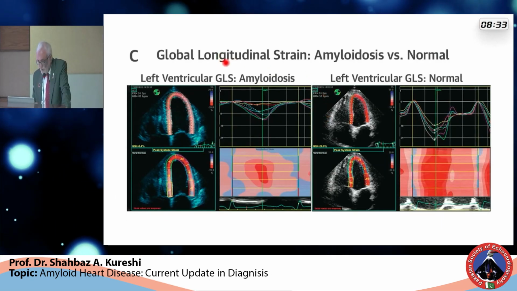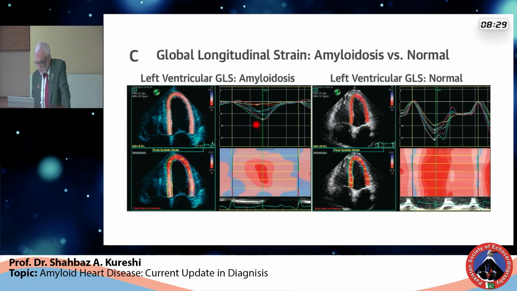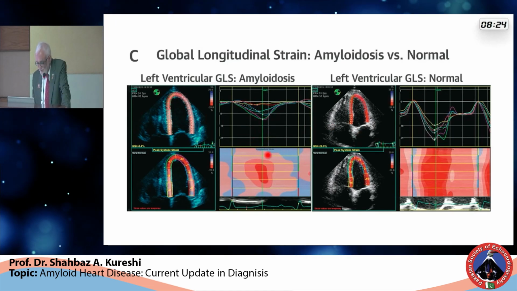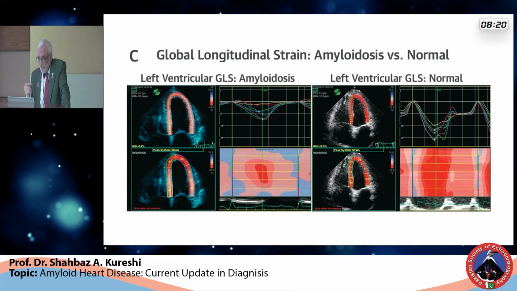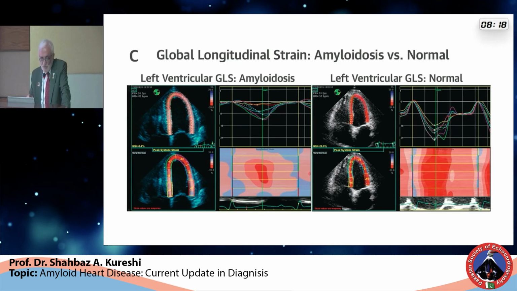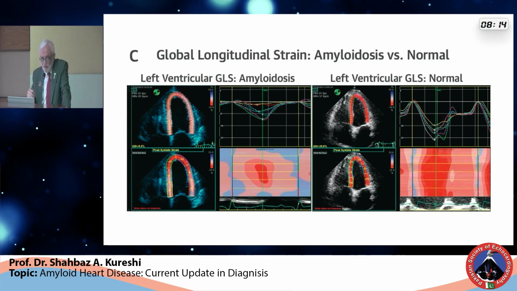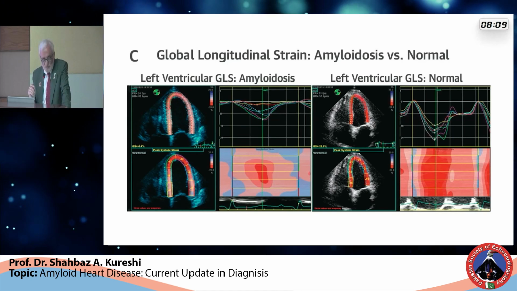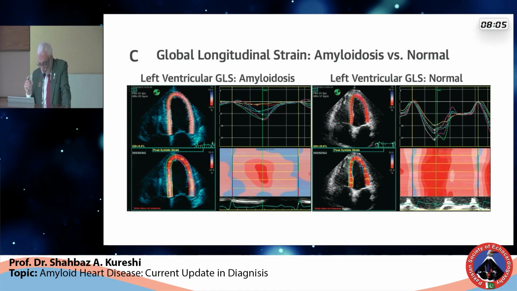If you look at the global longitudinal strain, you will find this is a patient with amyloidosis, and this is normal. This is apical sparing, and the apical sparing is because the fibrosis which is present around the base and the mid segment is spared at the apex, and because at the apex there is no fibrosis, you will get a good contraction there, and the strain will be normal.